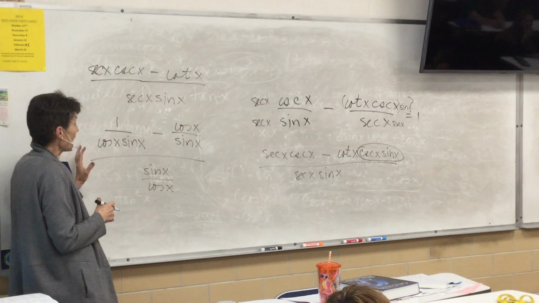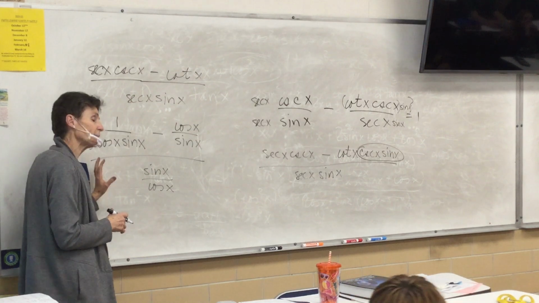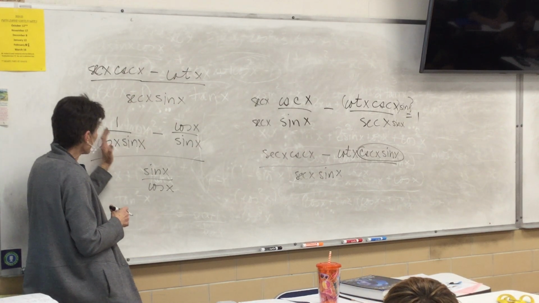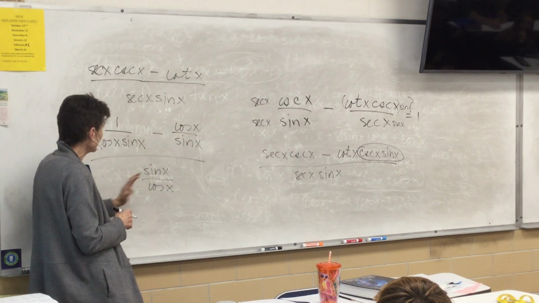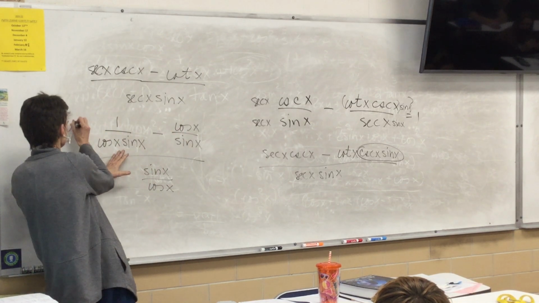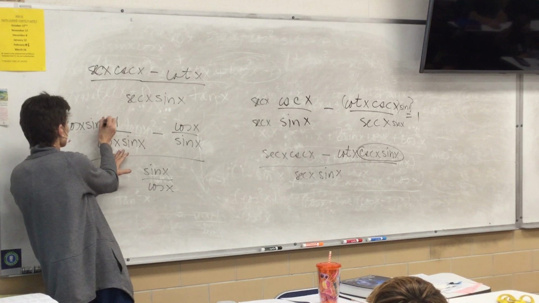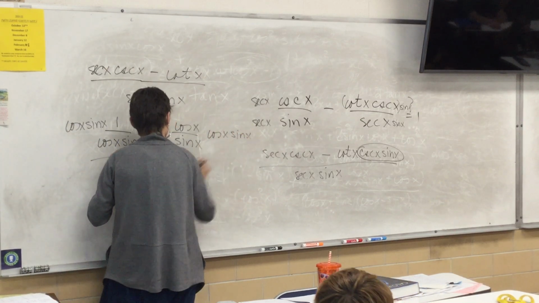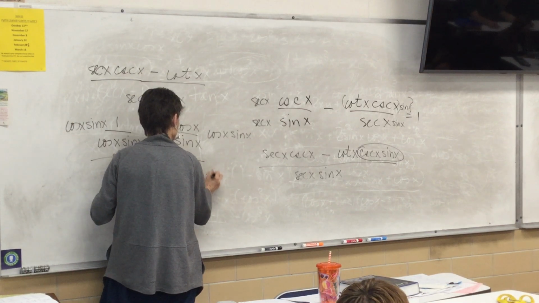Okay. Now, we have a giant complex fraction. So we're going to multiply every piece of it by the common denominator, which is cosine sine. So everything's getting multiplied by cosine sine.